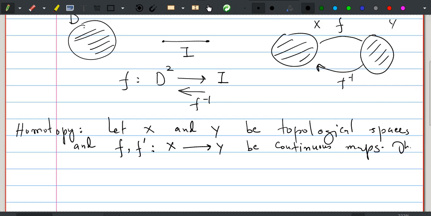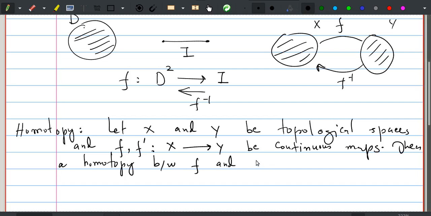Then a homotopy between f and f prime is basically a continuous map.